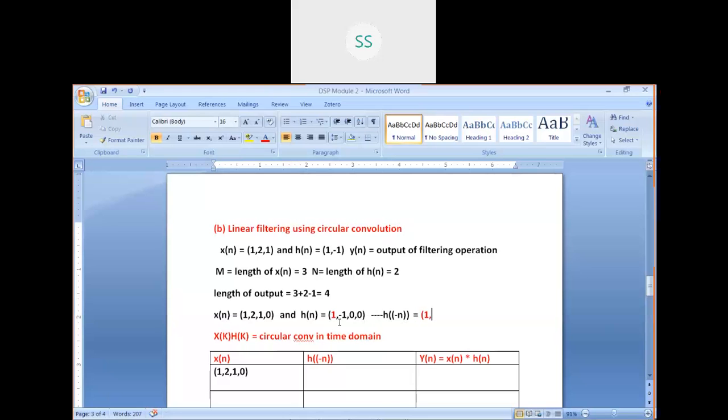So your sequence will be 0, 0, minus 1. You can verify with that circle also. Draw a circle and go in the clockwise direction.